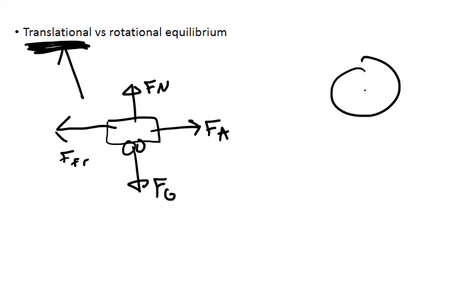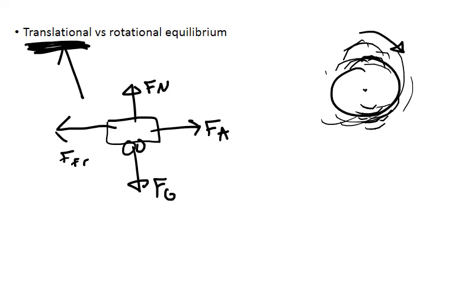So with rotation, let's say this is the axis of rotation in the middle, and this is spinning. It's going around and around. And let's say there's no air resistance, no friction, it's just going to keep on spinning forever. It would be in rotational equilibrium. Let's say that there is a torque on it this way.